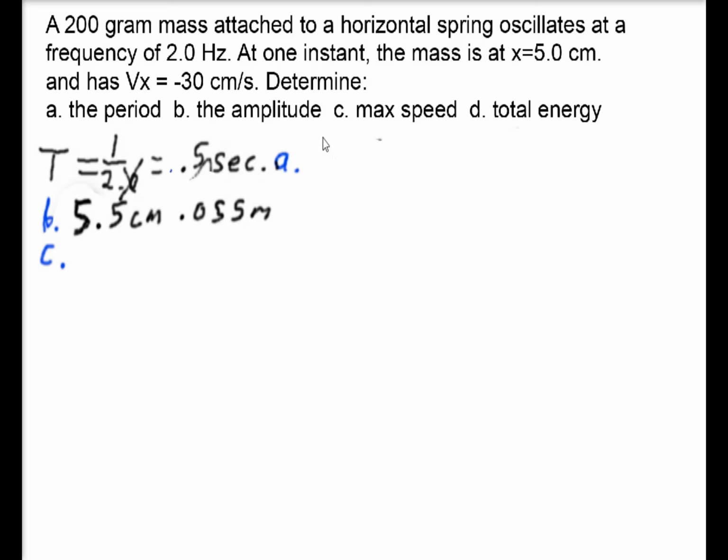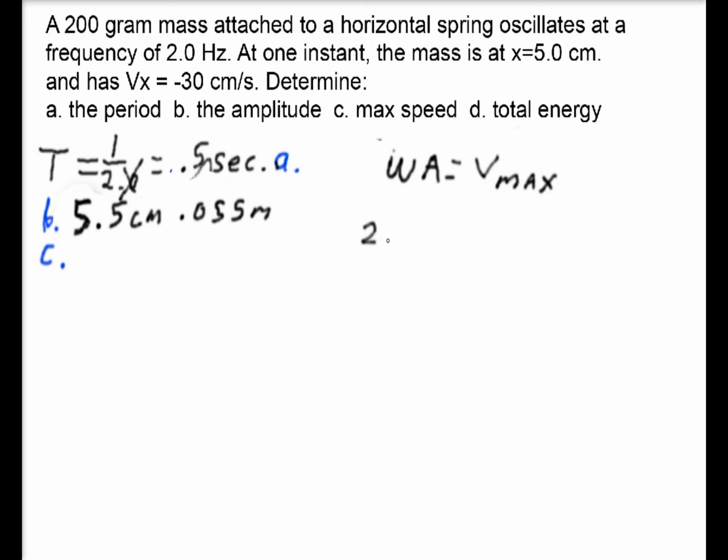Let's work on part C, which is the max speed. Now that we have the amplitude, the frequency and the period, we can easily find the max speed. The equation we're going to use is omega times A equals v max.